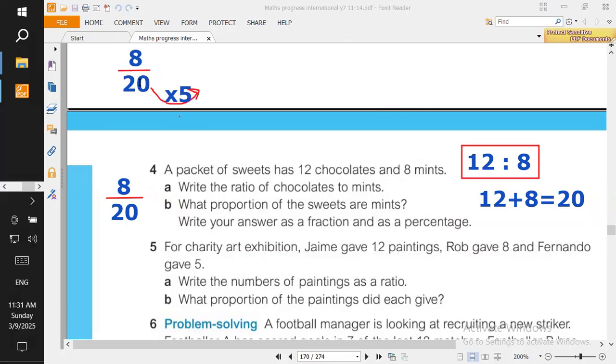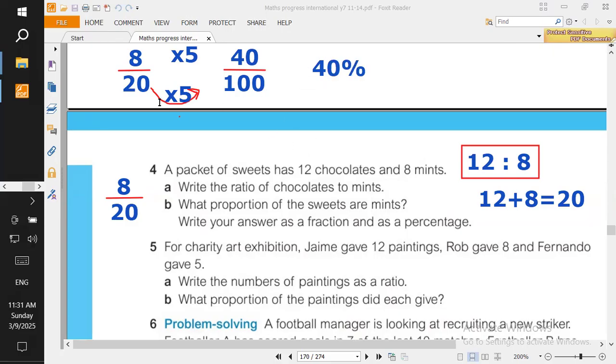And because I multiplied the denominator by 5 to make it 100, I have to do the same step to the numerator, multiply it by 5. So 8 times 5 is going to be 40. Very good. So 40 out of 100. Now the fraction is 40 out of 100. Now to write it as a percentage, I just write 40 next to the sign of percent.